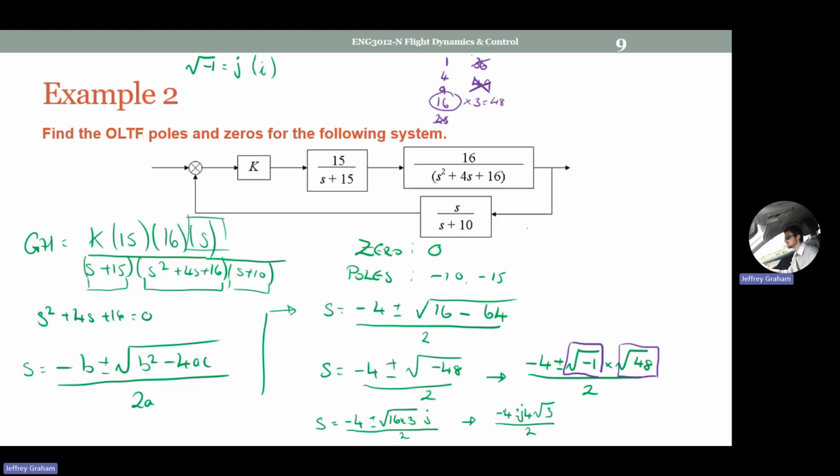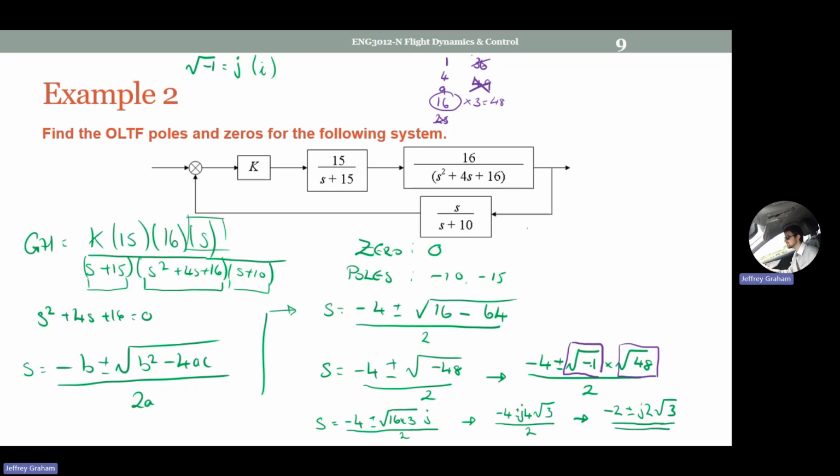And if we finish this off, we've got minus 4 and 4 on top, dividing by 2. Each of these is divisible, so we can simplify our answer. Minus 2 plus or minus J2 root 3 is the final output.